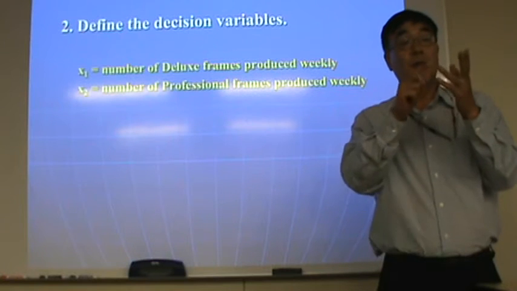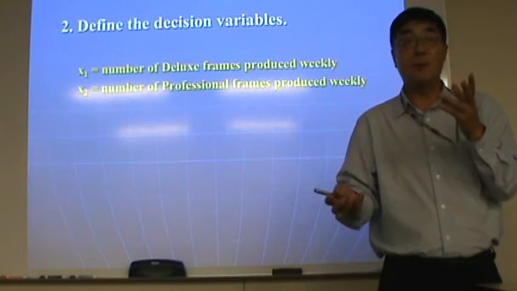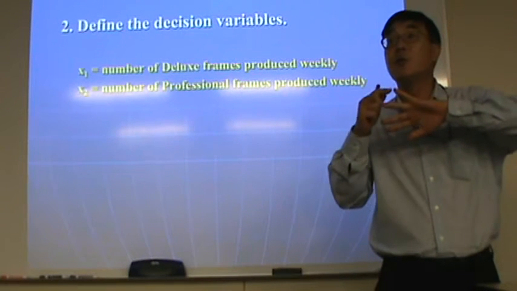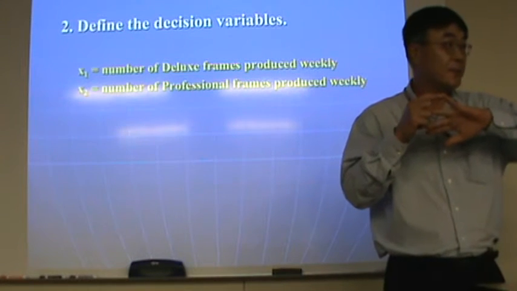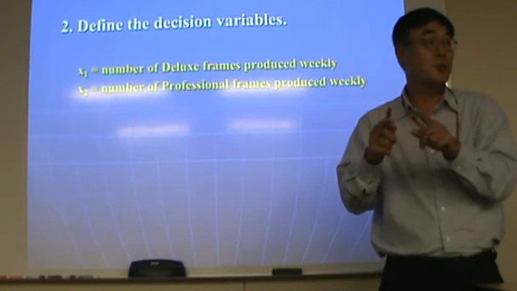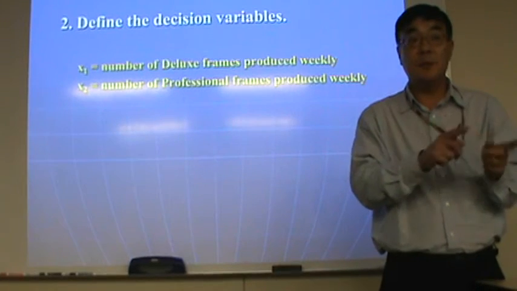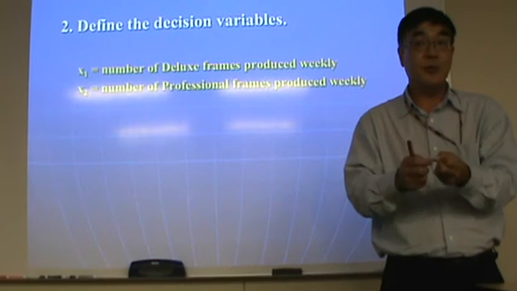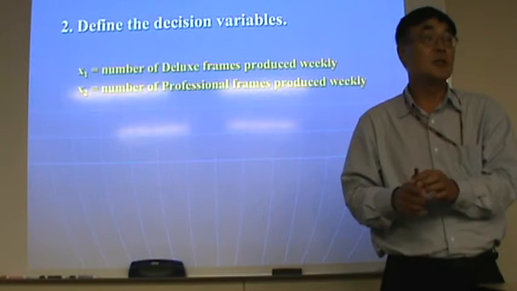Then use less resource, minimize, right? In that case, the decision variables will be resources. You know what I mean? So for a maximize problem, usually the decision variables are products. For a minimize problem, cost, right? Usually ingredients or resources are the decision variables.